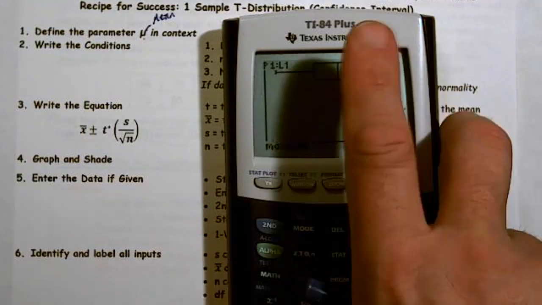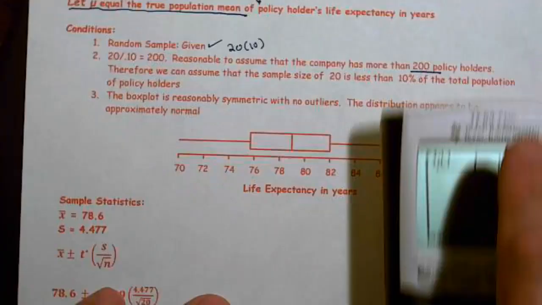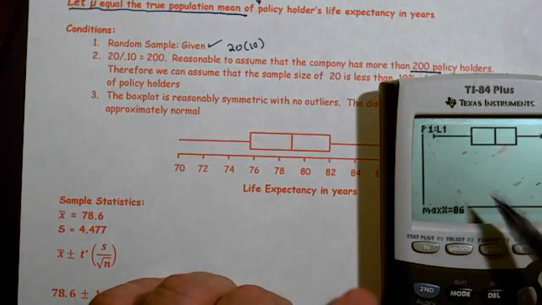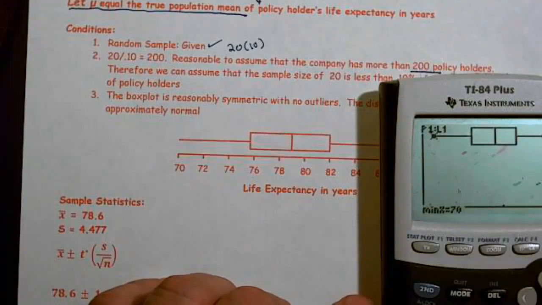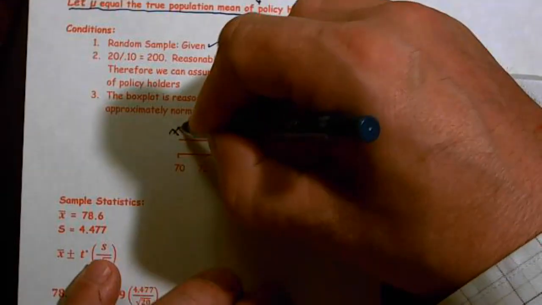You do have to draw this. So when I look at it, my lower part of the graph was at 70. This is my minimum value in this case.